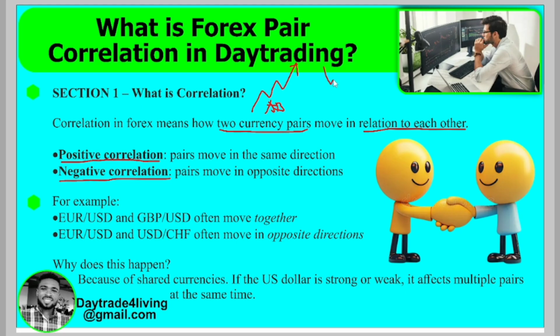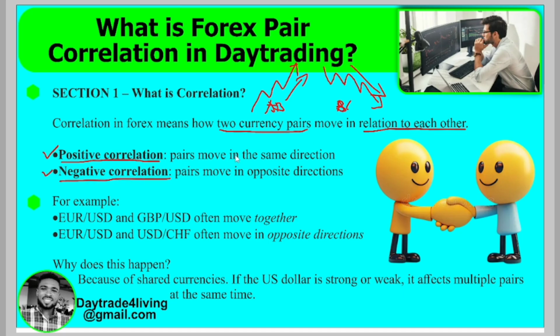If this one is moving upwards, but at the same time, instead of moving in the same direction, this other pair is moving downwards, then we see that the two pairs are negatively correlated. But if they are moving in the same direction at the same time, then they are positively correlated.